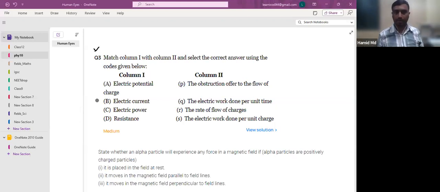B is electric current, that's true. And D is also true. You just interchanged the electric potential and electric power, right? So you relook.